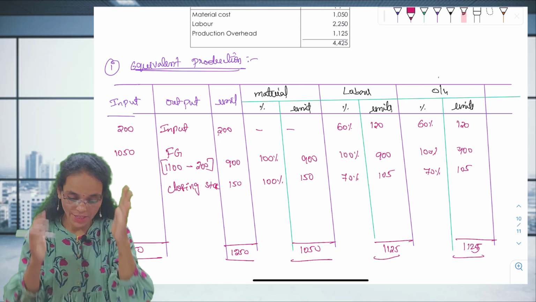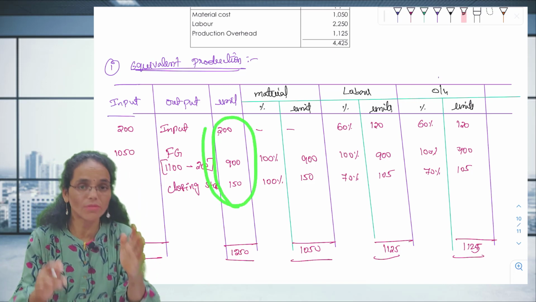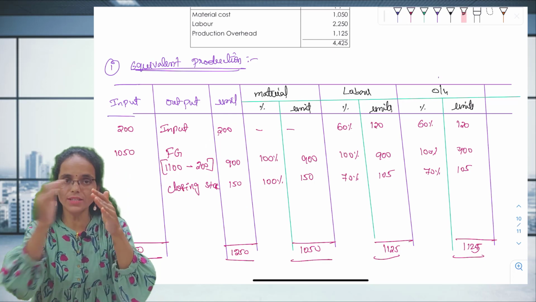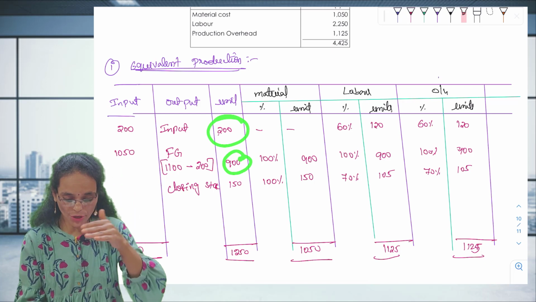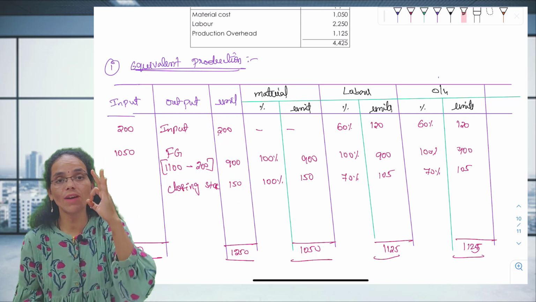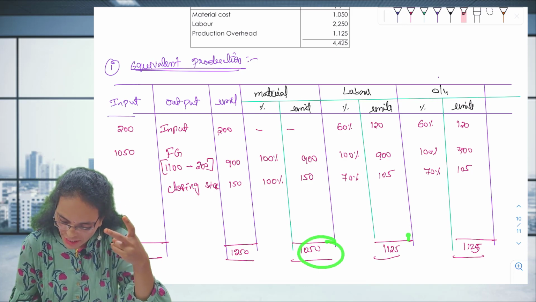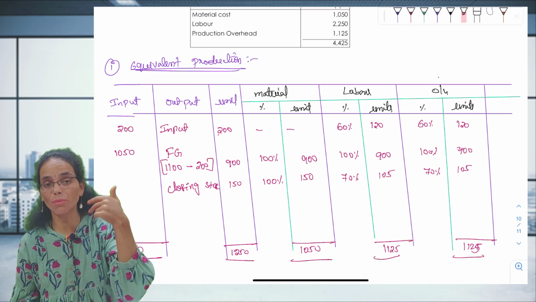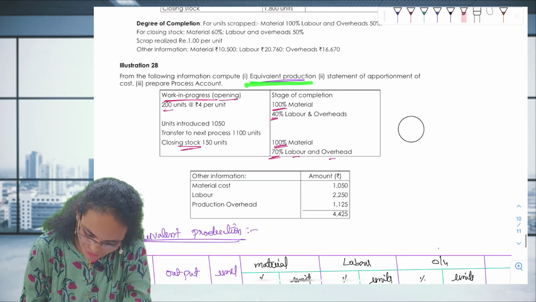These are the units under the second process. This is the opening stock, these are the units produced, these are the closing units. But when I say equivalent number of units for the material, labor and overhead, these are the equivalent number of units for the material, labor and overhead. So first one is done.